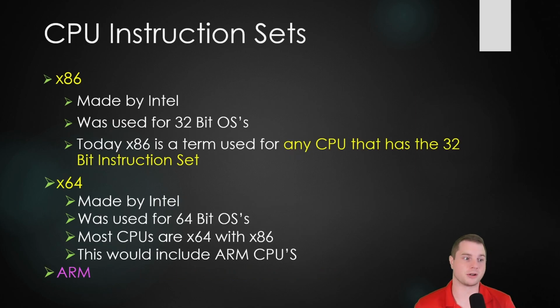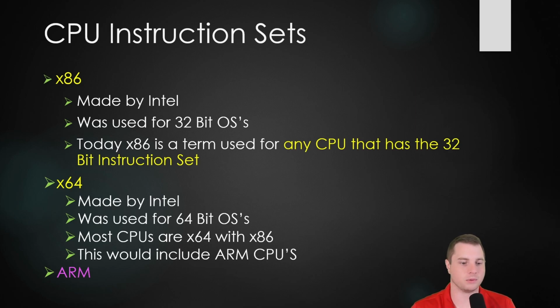Okay, CPU instruction sets. x86, made by Intel, was used for 32-bit operating systems. Okay, x86 includes 64-bit and 32-bit instruction sets.